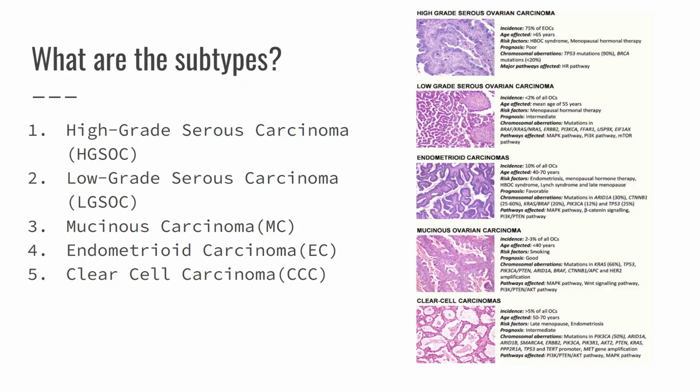Clear cell carcinoma is a subtype, and it's a form of the germ cell ovarian cancer type, which is a super rare type of cancer to have. Okay, so those are the subtypes. As you can see on the right-hand side, there are some pictures of what those subtypes would look like.